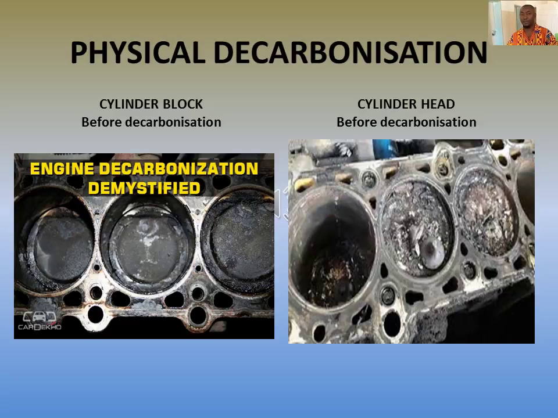If you examine them well enough, you notice there are black spots, black deposits on each. This is the carbon deposit that will be removed in this process. Now we'll go to the first process of physical decarbonization.